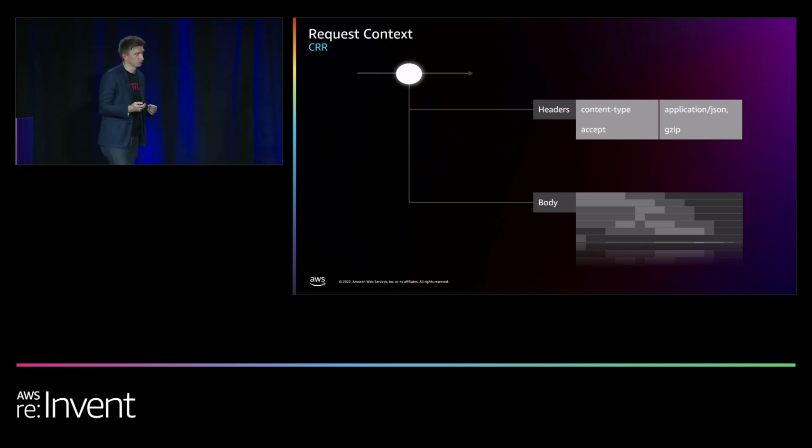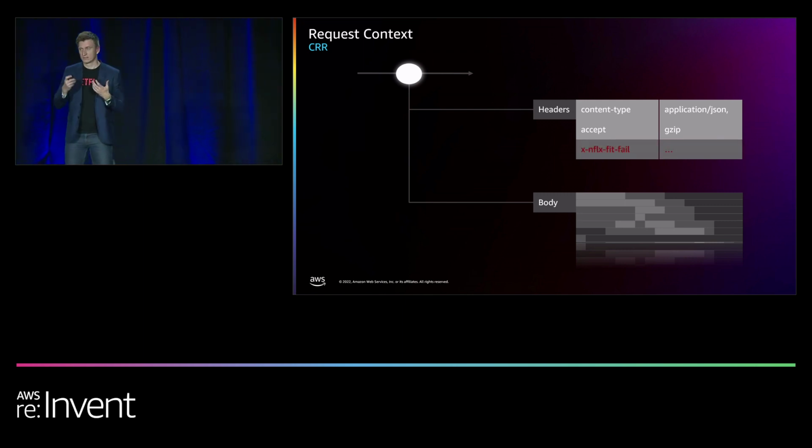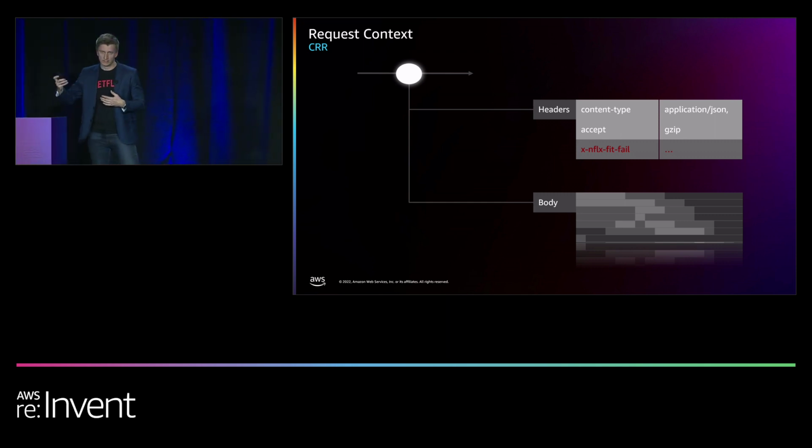That way, we can mark a certain request with the fit failures. As this request is propagating through our services and microservices, this request context information is passed through. As the request goes through every individual injection point, that injection point will always be able to inspect the headers and see whether it should get triggered for that particular request.